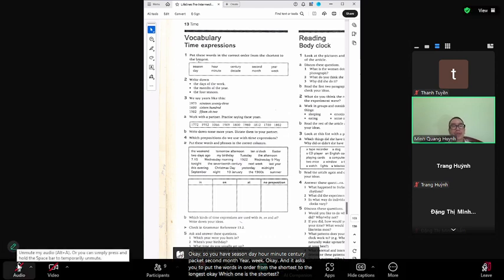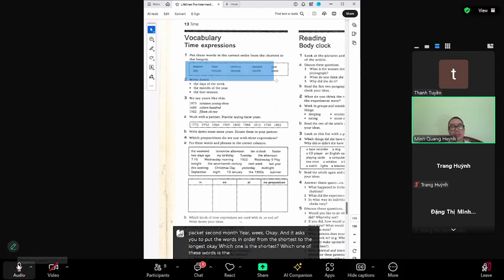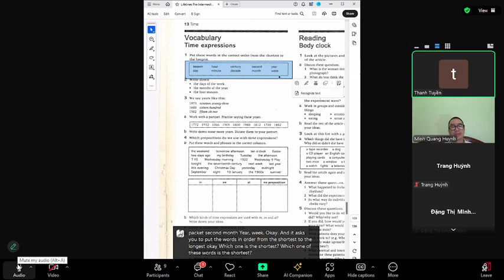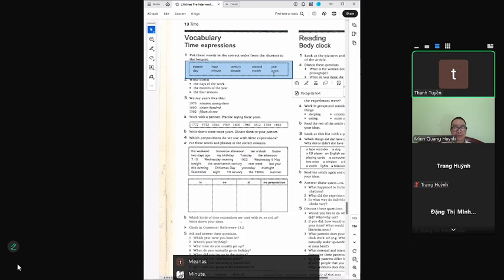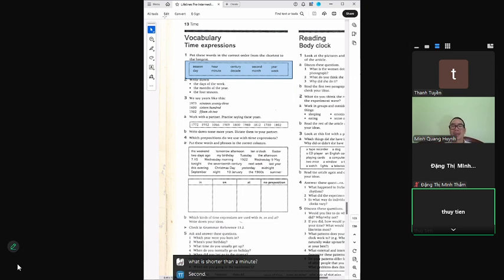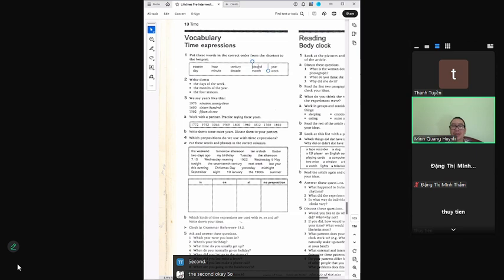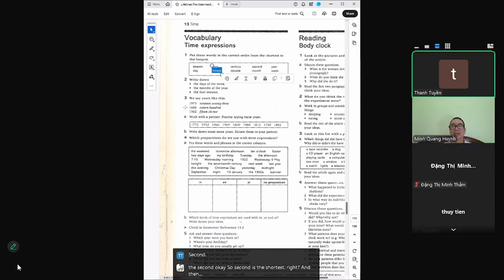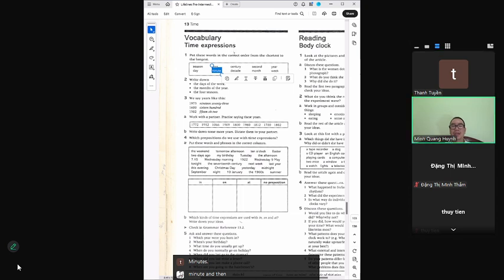Which one of these words is the shortest? Minute? Okay, are you sure? What is shorter than a minute? A second. Okay. So second is the shortest, right? And then minute. And then what comes after minute?